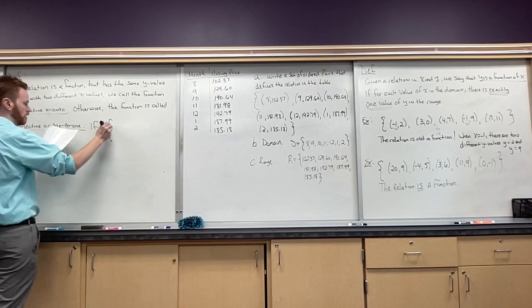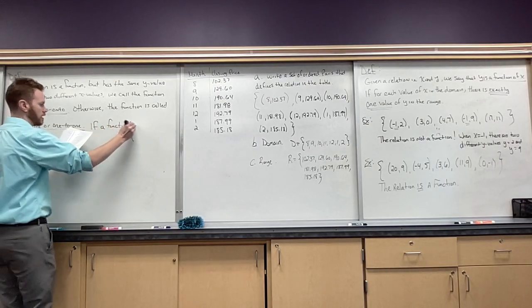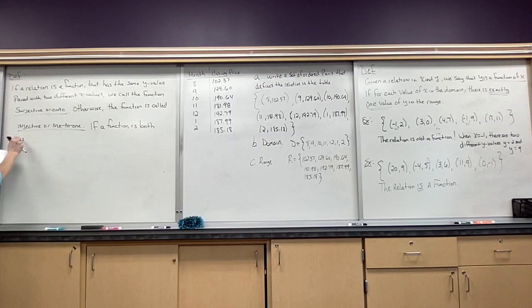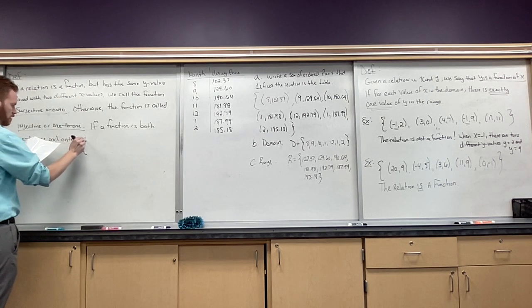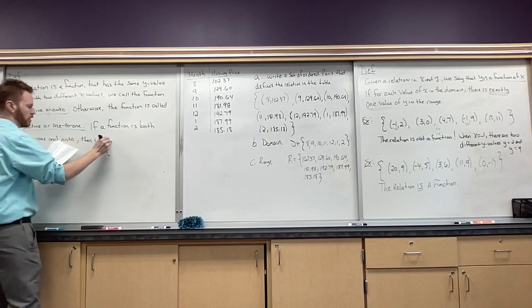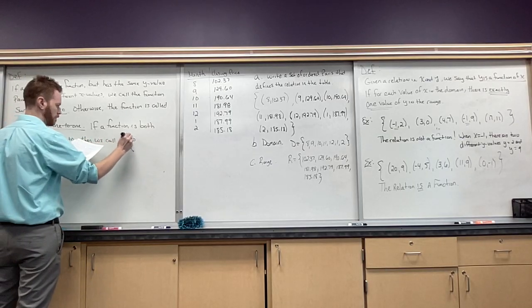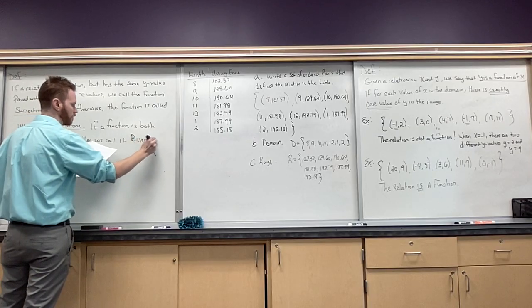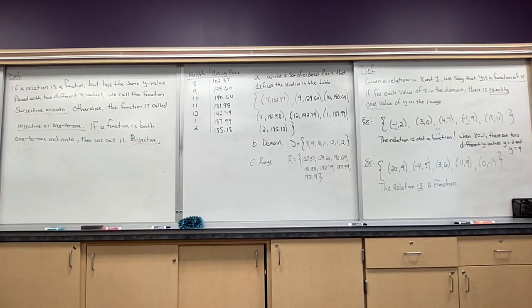If a function is both one-to-one and onto, then we call it bijective. Okay?